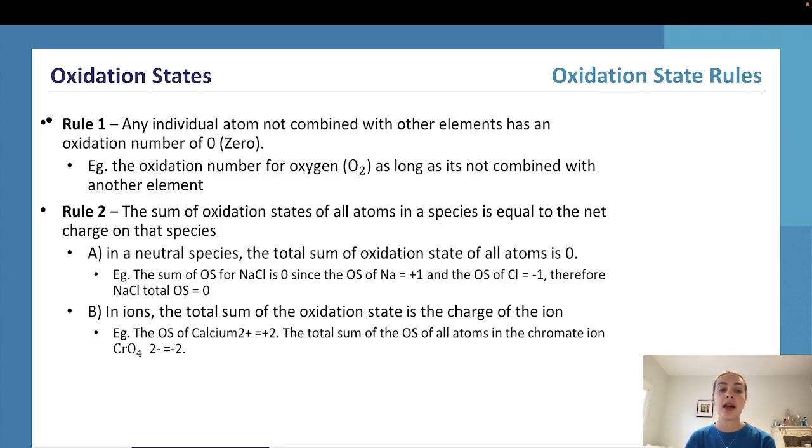That means that when you add the oxygen charges and the chromium charge, they add together to get -2. So if you've got -8 for the oxygen, you're then going to have +6 for the chromium, because -8 plus 6 is going to give you -2.